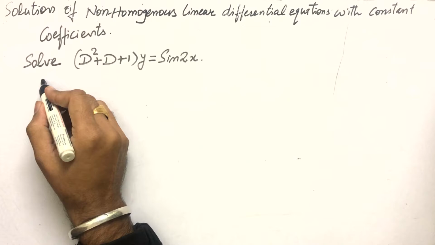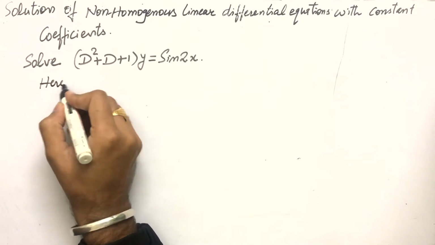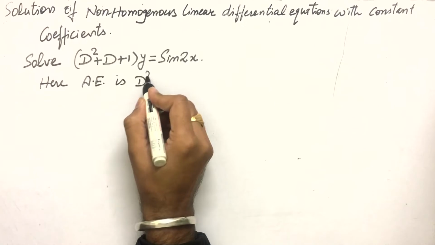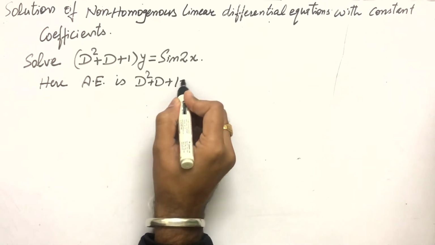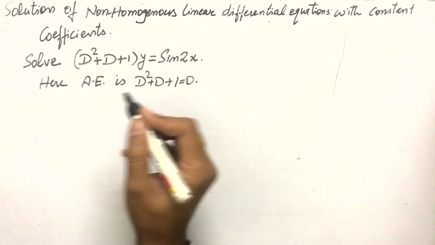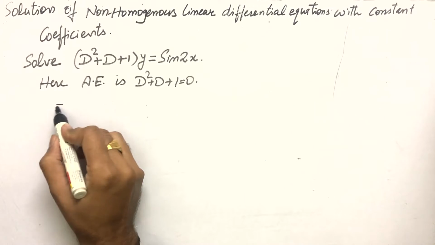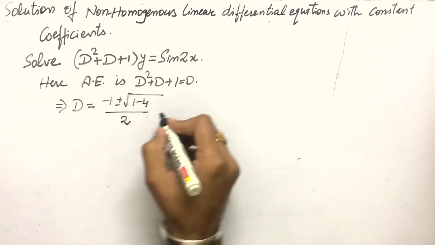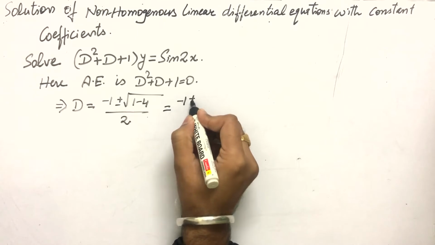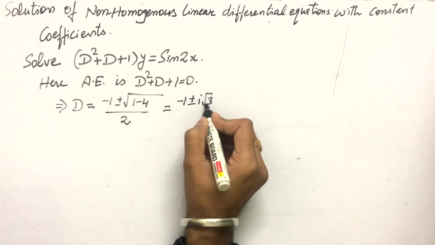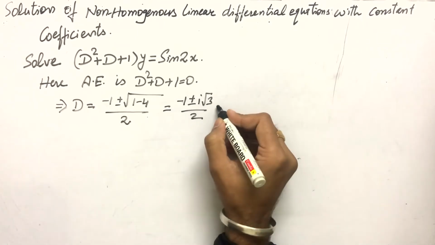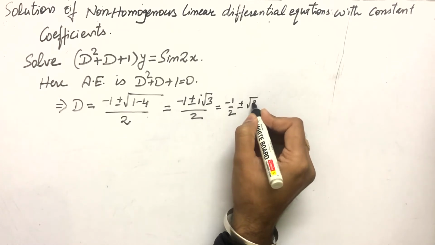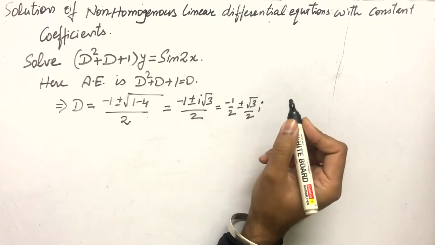So let us write here, the auxiliary equation is D square plus D plus 1 equals 0. We have to solve this for the roots of D, and here we use the discriminant method. So D is minus 1 plus minus iota root 3 by 2, which may further be written as minus 1 by 2 plus minus root 3 by 2 iota.